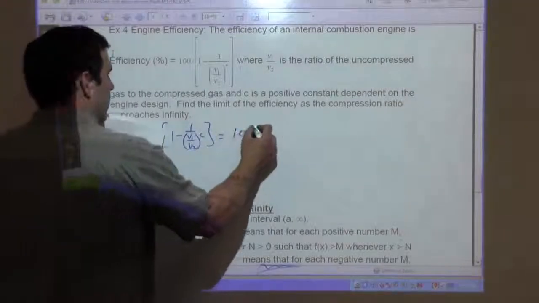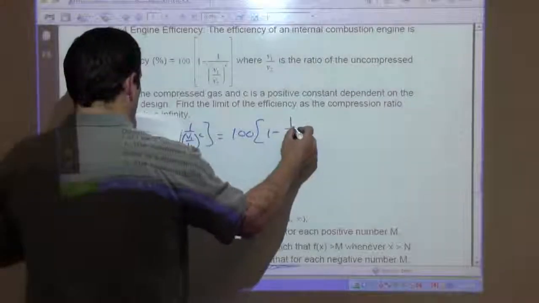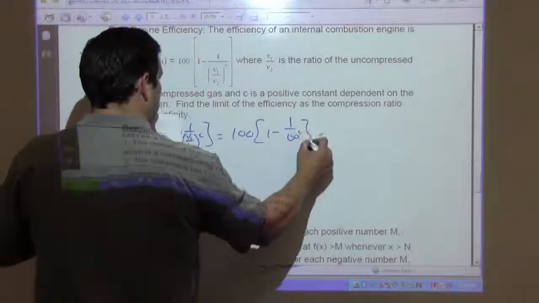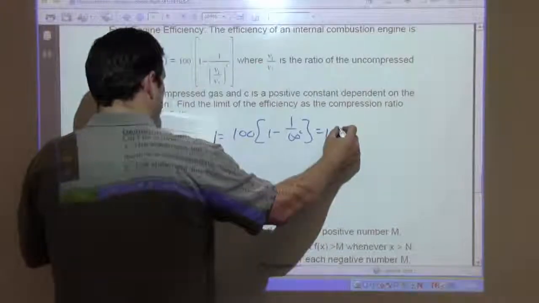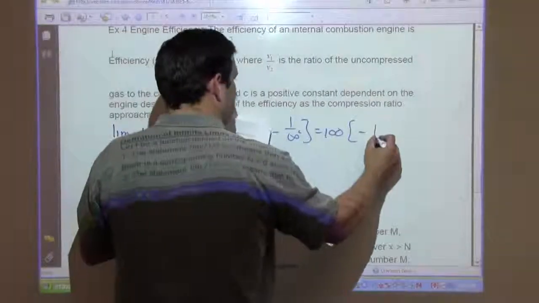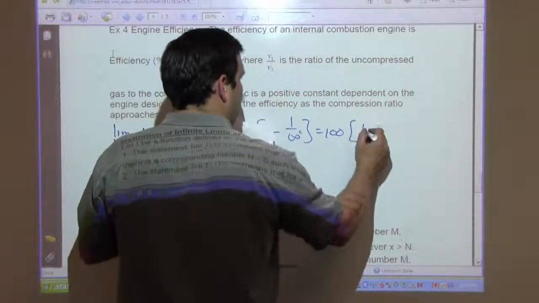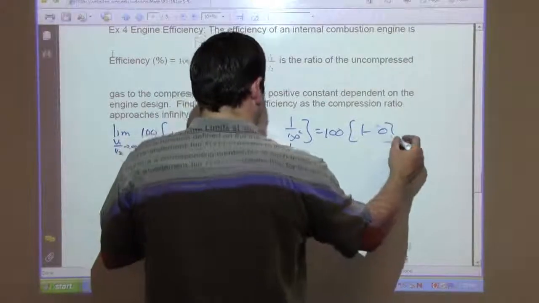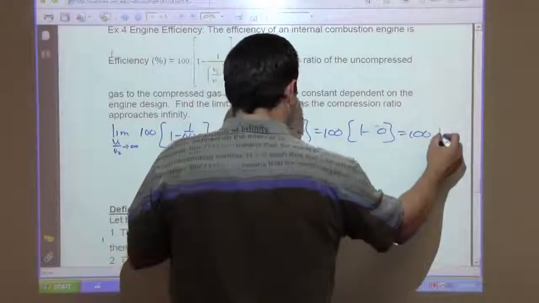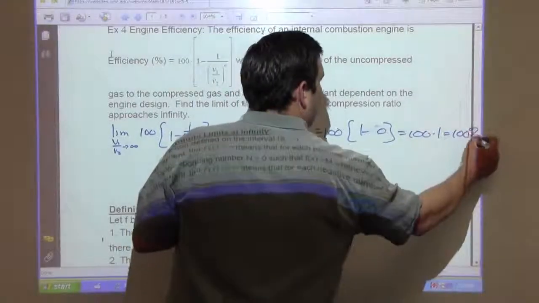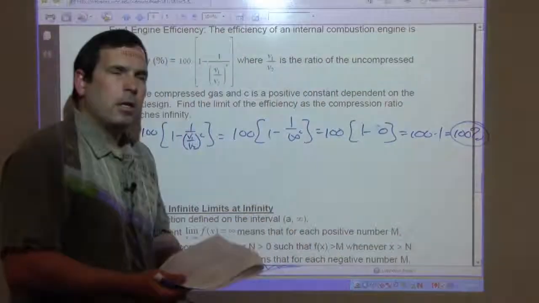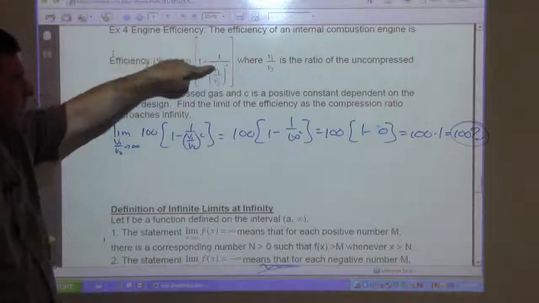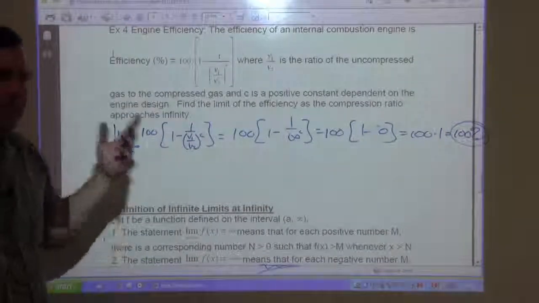It's going to be 100 times 1 minus 1 over infinity to the C power, 100 times 1 minus 0, which is 100 times 1, which is 100%. So let's go for a 100% efficient engine, but to do so, our compression ratio has to be infinity of the uncompressed gas to compressed gas. It's not going to happen.